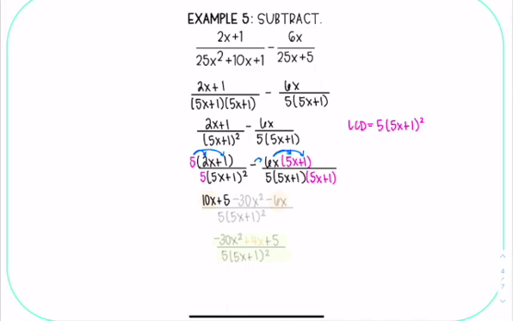I'm going to combine this into one fraction right now. So negative 6x times 5x is negative 30x squared. And negative 6x times 1 is negative 6x. And this is all over our LCD.